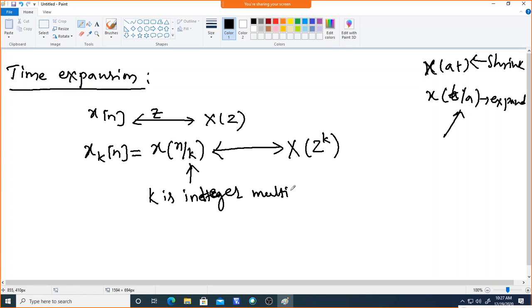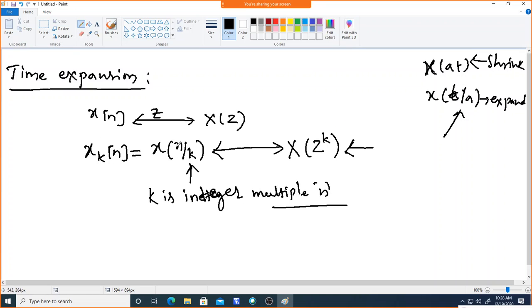That is what we get only when k is an integer multiple of n. Whenever you have x of n by k, you have to scale in such a way that k is an integer multiple of n. Then only will you get the proper samples in the z domain. If you don't have integer multiples of n, you will not get the samples properly in the z domain. That is the time expansion property.